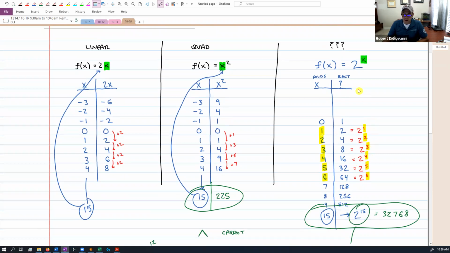So this function, 2 to the x, has a name, okay? This is an example of what is called an exponential function. I'm sure that in your life you have heard this before.